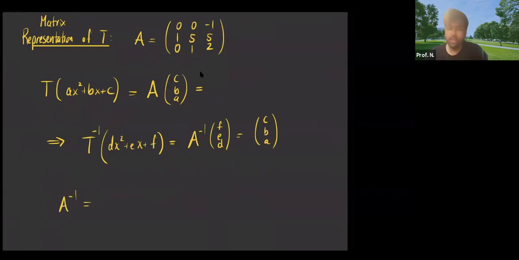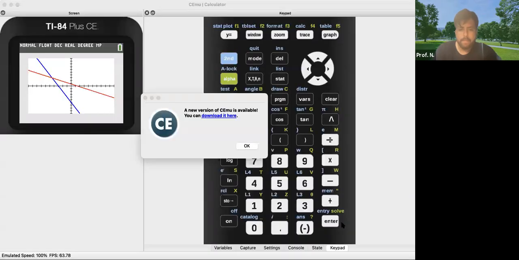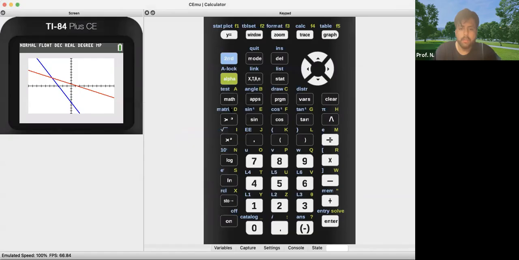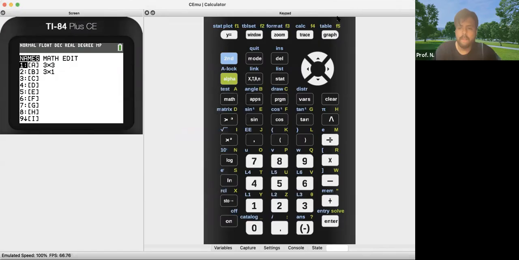And you can use your calculator for this. I don't have one at the moment, but let me just get a calculator. So here I have a calculator. I can put this in my matrix, second matrix, and then I can edit.